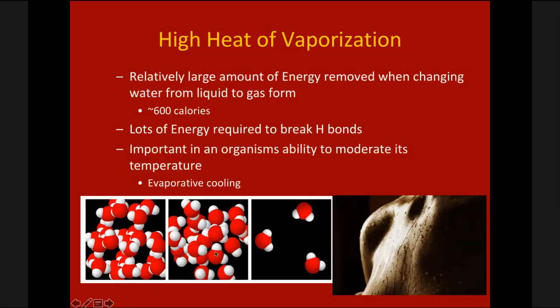So to break them all and turn water from a liquid into a gas, to steam, that requires a lot of energy. Vaporizing water from a liquid to a steam takes a lot of energy to break all those hydrogen bonds.